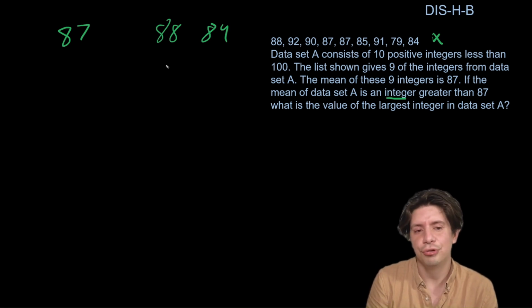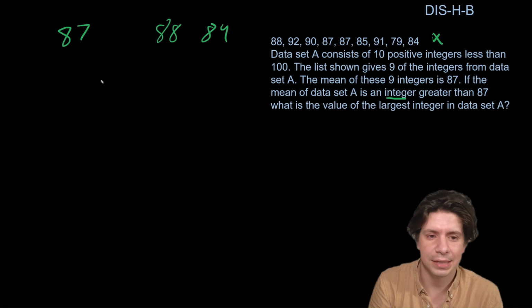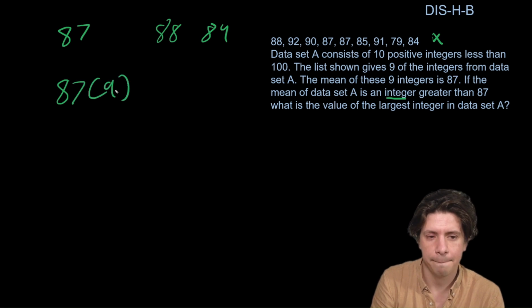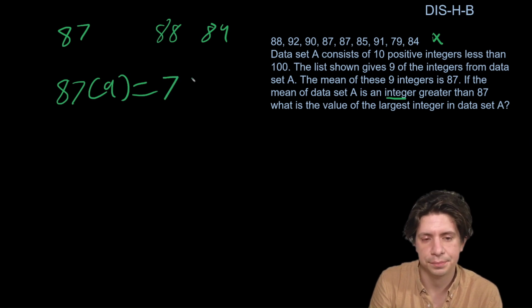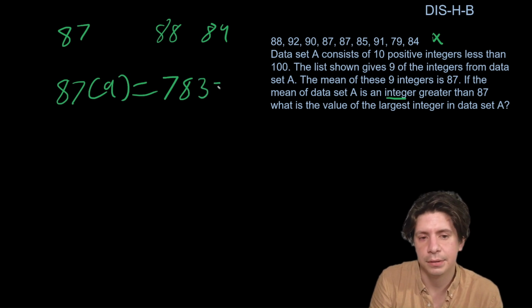So let's say the new mean is 88. In this world where the new mean is 88, let's find the sum of the first 9 numbers by doing 87 times 9, which equals 783. 783 equals the sum of 9 numbers.